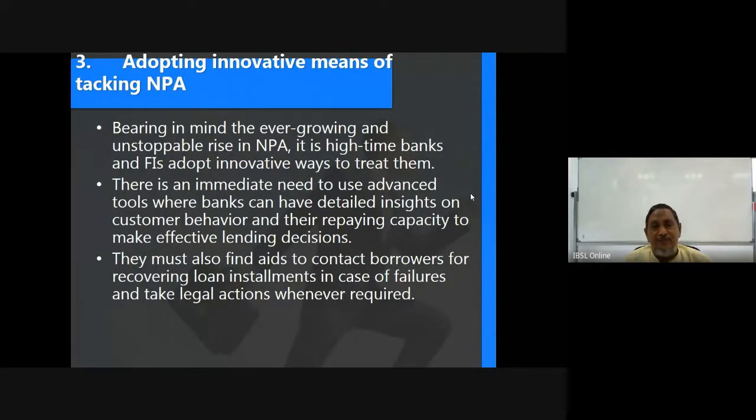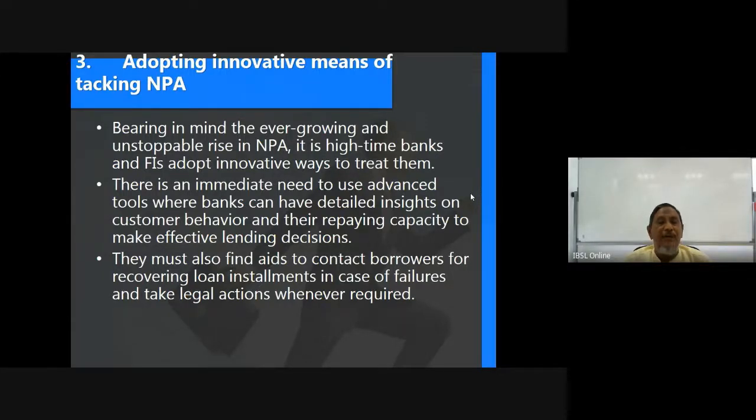Third, a step to avoid NPAs is adopting innovative means of tracking NPAs. Bearing in mind the ever-growing and unstoppable rise in NPAs, it is high time banks and financial institutions adopt innovative ways to treat them.